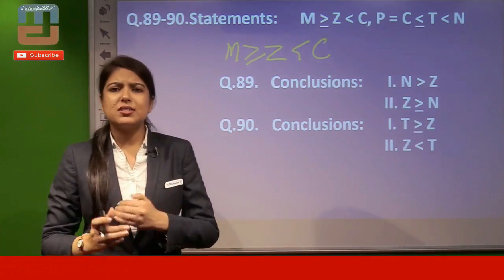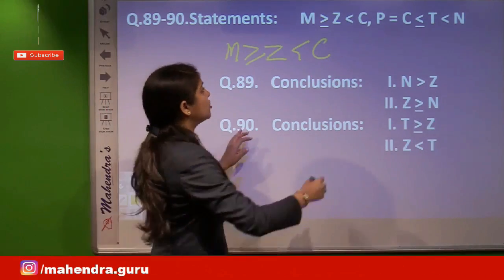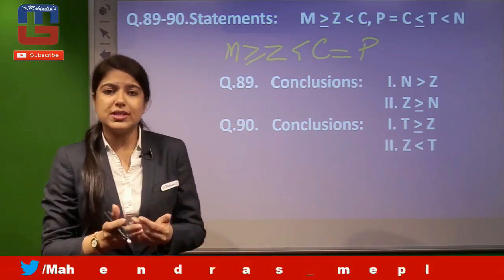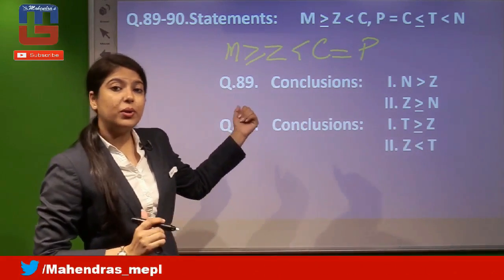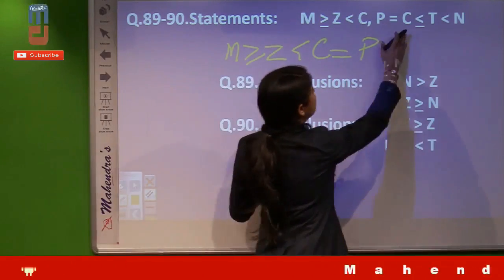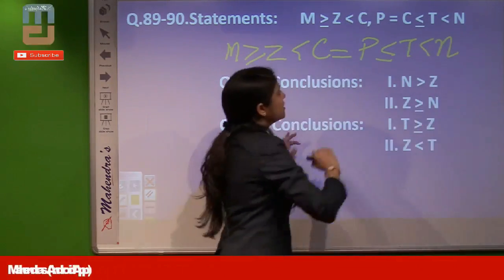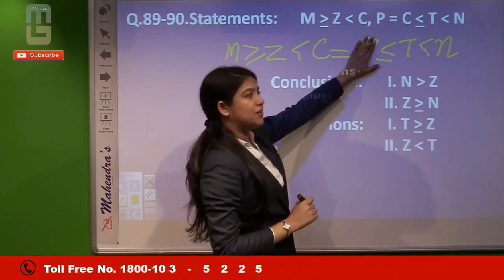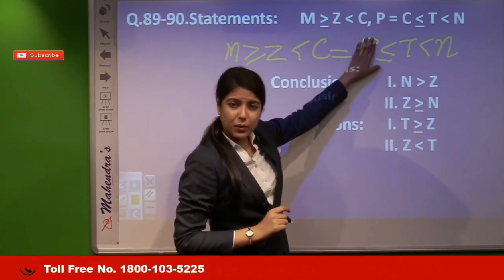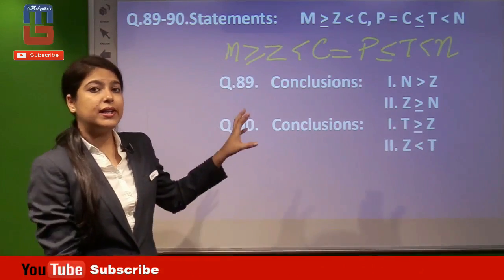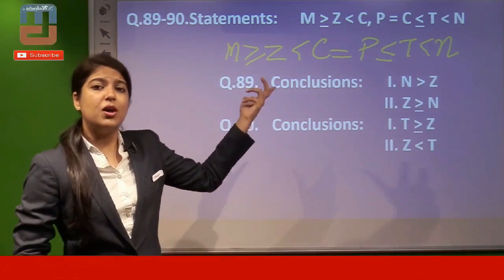So we can just turn it around: if P is equal to C, C is equal to P. So directly we can do it, and the rest, that was ≤ T < N, we can take directly. Because if we exclude P here, we find the same equation as was given in the question, right? So this would be our equation framed after removing the comma in between.